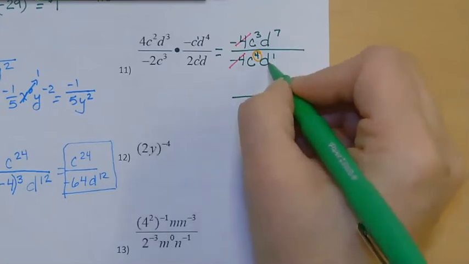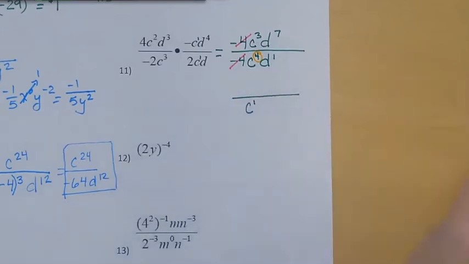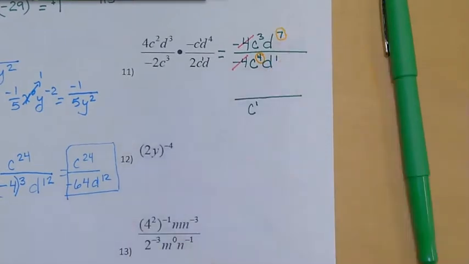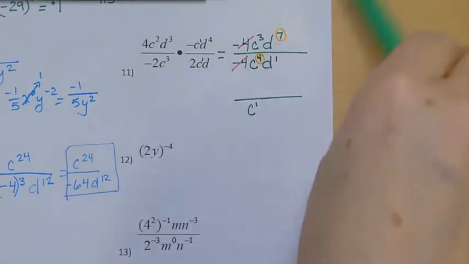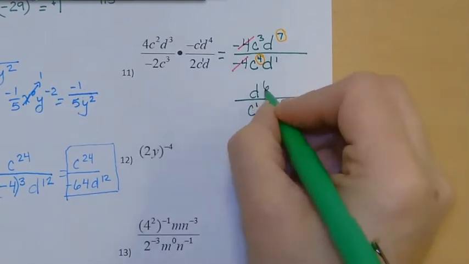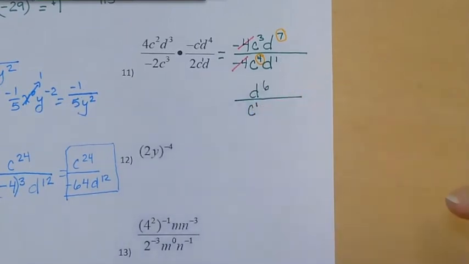D to the 7th over d to the power of 1. 7 is my larger exponent, so I'll keep my answer in the numerator here. And then 7 minus 1 is 6, so I have d to the 6. So that should be my answer, d to the 6 over c.